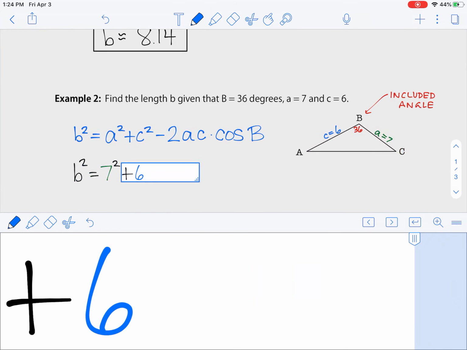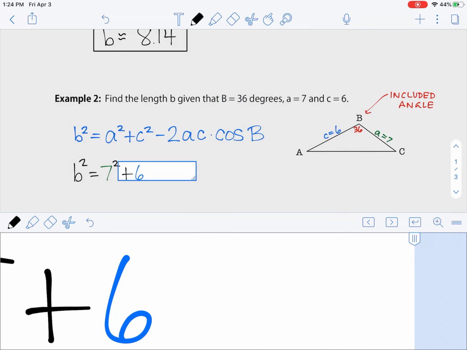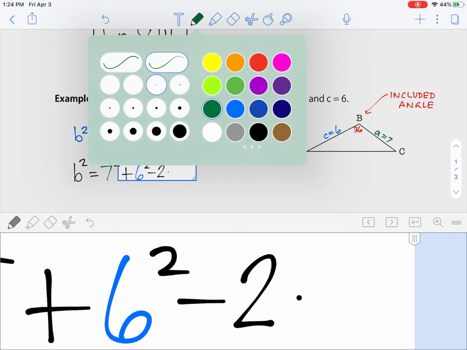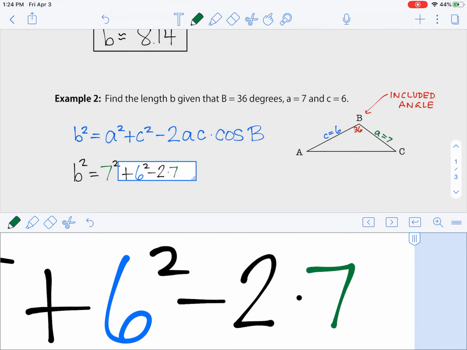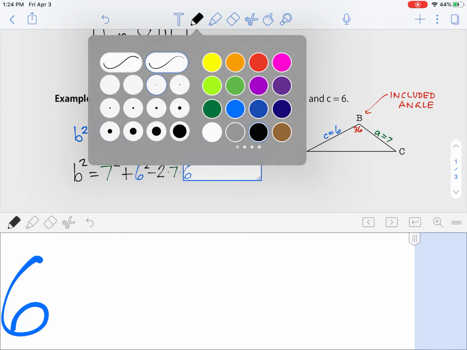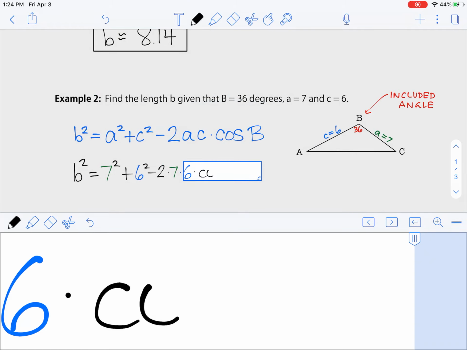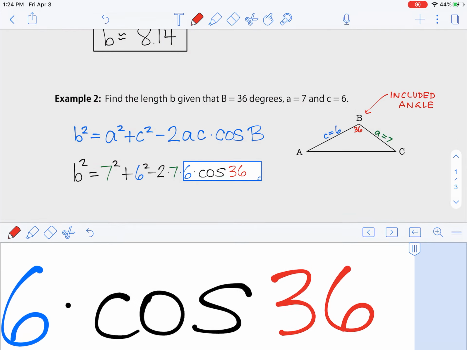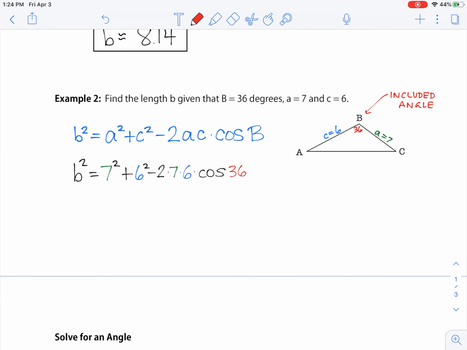Let me do this so I don't have to keep zooming out. Minus 2 times, we're going to use A again, so 7. Then C again, which is 6, times the cosine of our angle, which is 36 degrees.